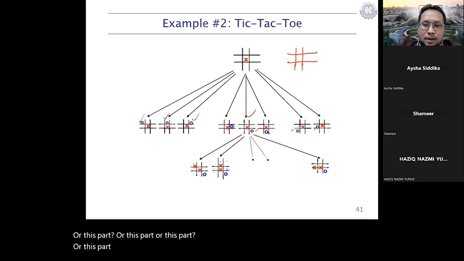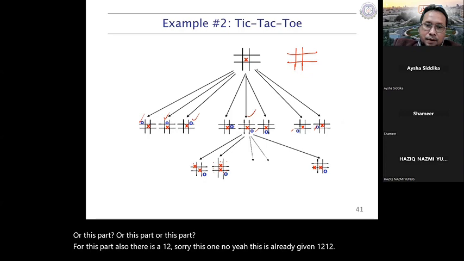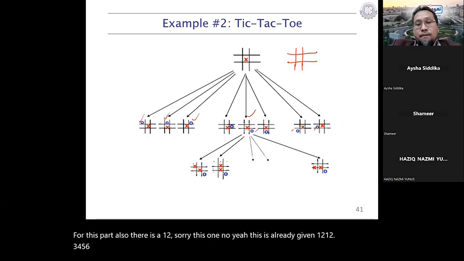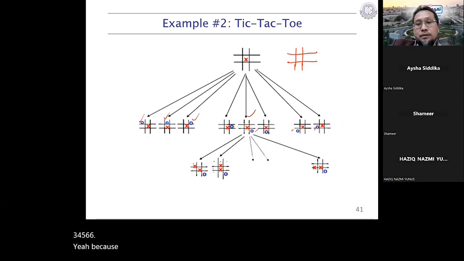Also there is a 1 2. Sorry, this one is already given. 1 2 3 4 5 6, because 3 is already occupied, right?